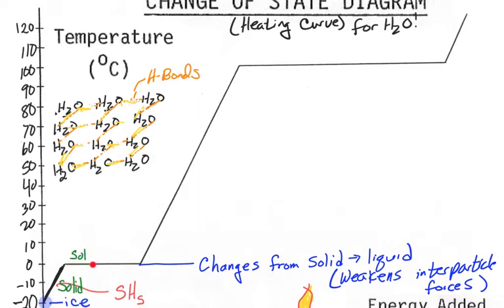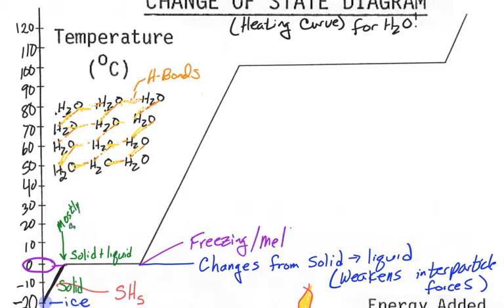So if you find a river and you find ice on the edges of that river, if you see there's ice and river, you know that that river is going to be at 0 degrees Celsius because that is the melting point or freezing point of water. Notice that we have a horizontal line here. Whenever you have a horizontal line, that is when there is a change of state and we are no longer changing the temperature.